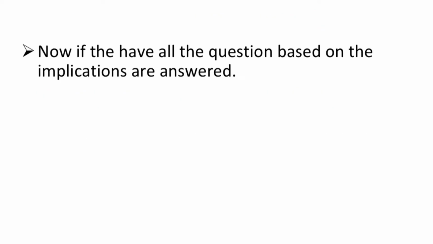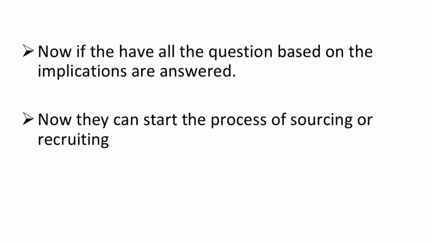Now, if all the questions on the implications have been answered, we then can start the process of sourcing or recruiting, because we already took into consideration all the implications of employing another person.